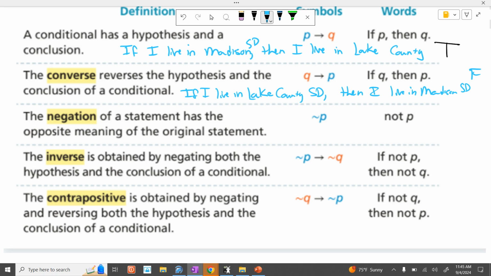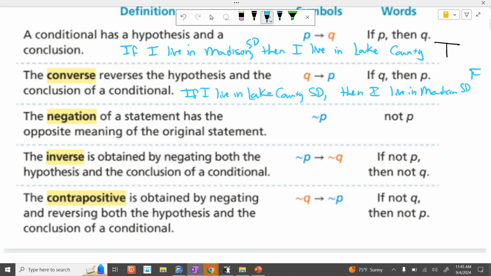A negation is the opposite of the statement. So if you look at the inverse, it's the opposite of the hypothesis and the opposite of the conclusion, in that order.